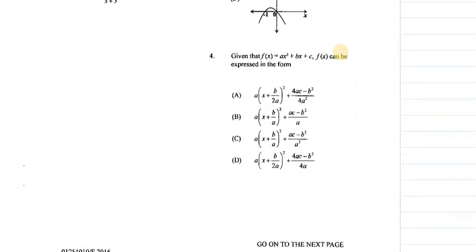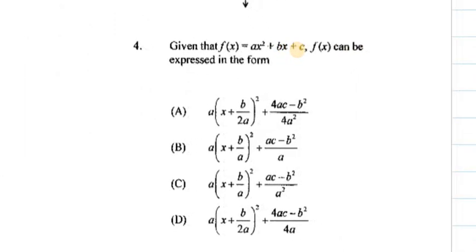Next one, given that f of x equal to ax squared plus bx plus c. Now this function here is in the form of the quadratic expression, ax squared plus bx plus c.